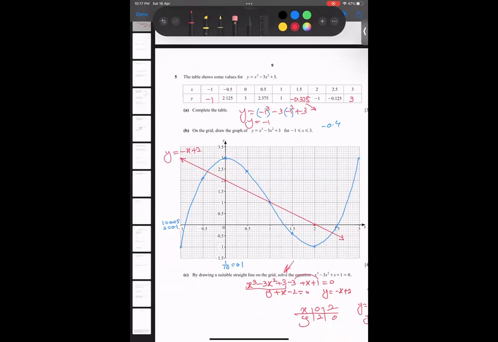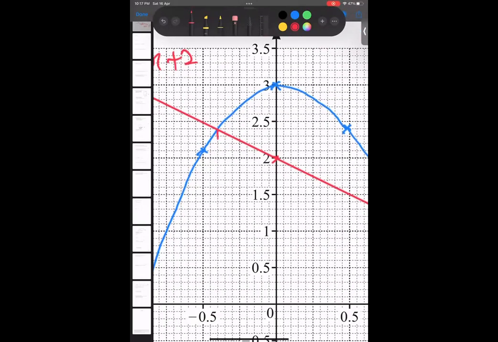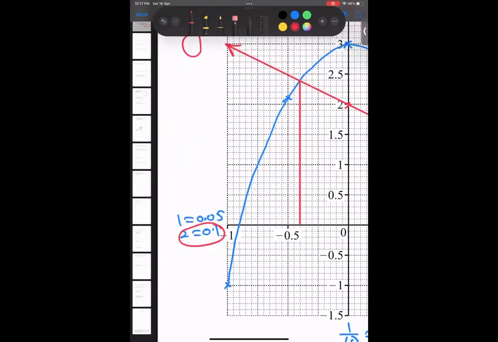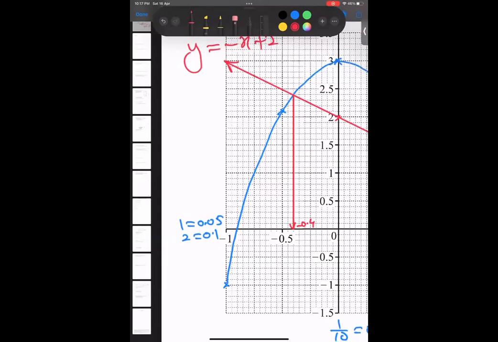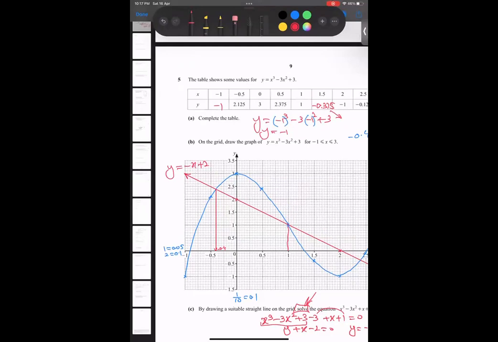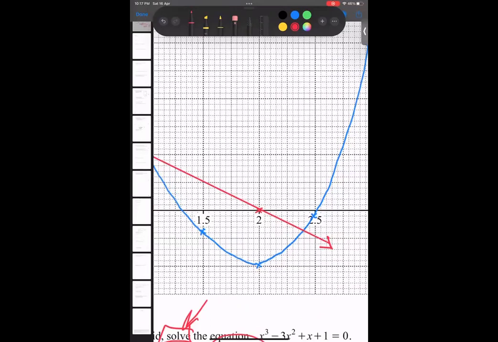Whenever the word solve comes, solve. So where the intersecting point is, this. Come down and check. And this value, as you know, two boxes is 0.1. So here, 0.2 box back, it's -0.4. First answer, I got it. Second answer, I'm getting purely 1. Third answer, I'm getting here.